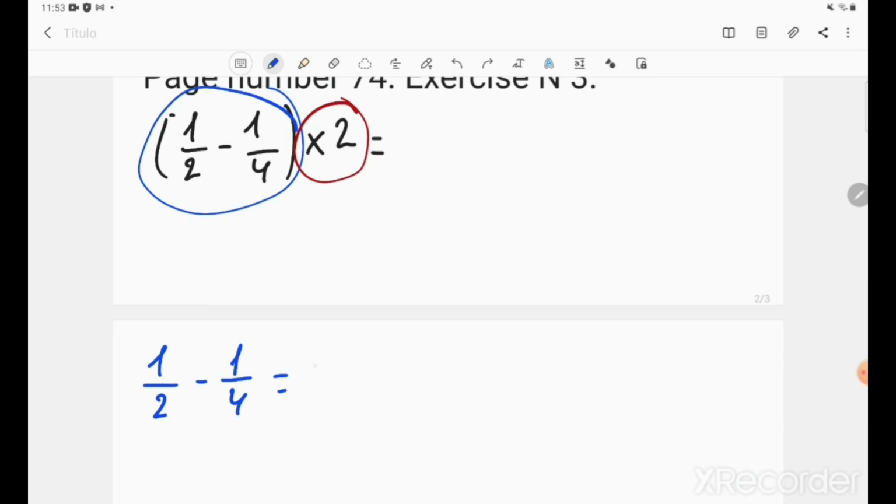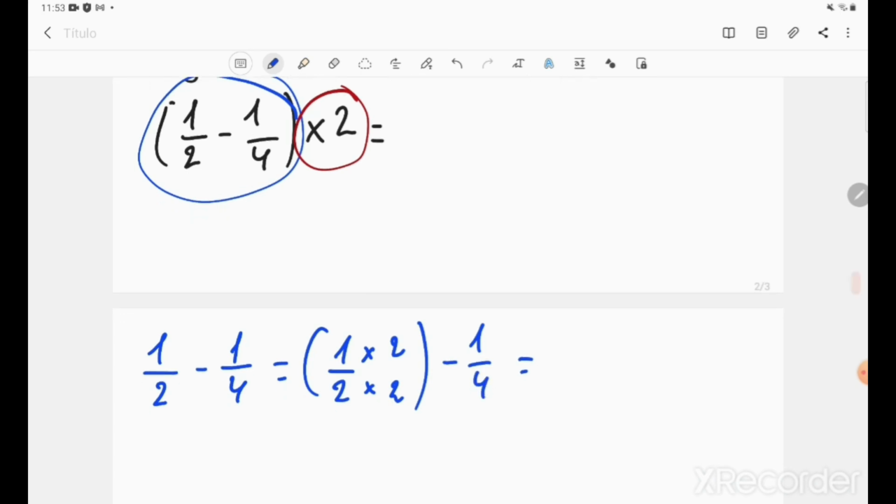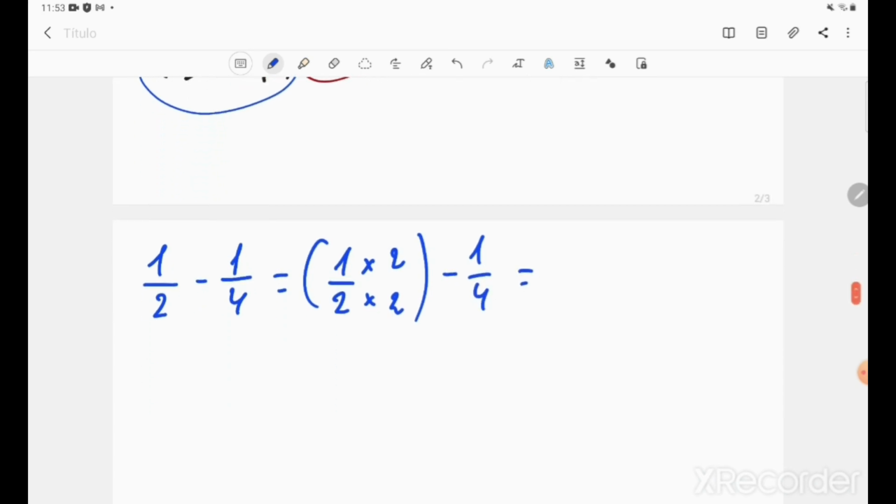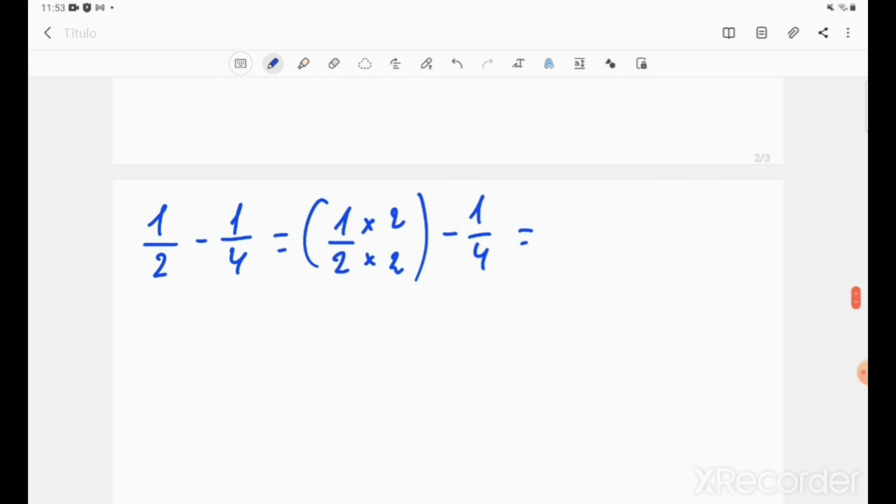Same as before. 1 over 2 multiplied by 2, and then minus 1 over 4. 1 multiplied by 2 equals 2, and 2 multiplied by 2 equals 4. Here you have minus 1 over 4.